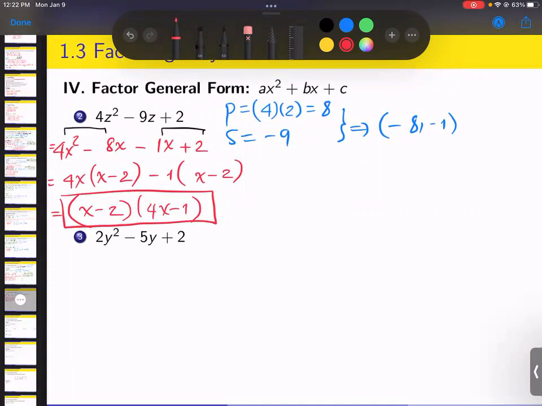And again, guess and check. You just have to try out all those pairs. Just do things in your head. You gotta try number 3.